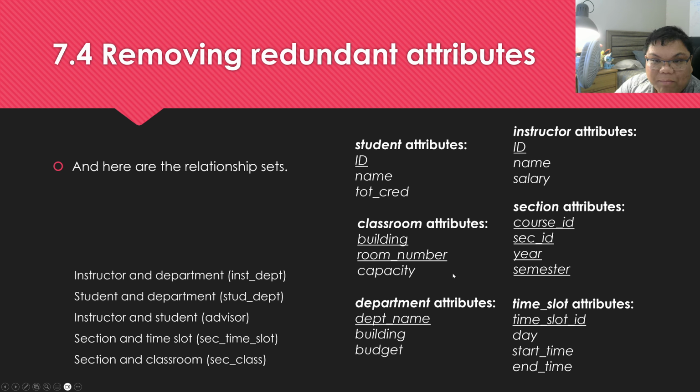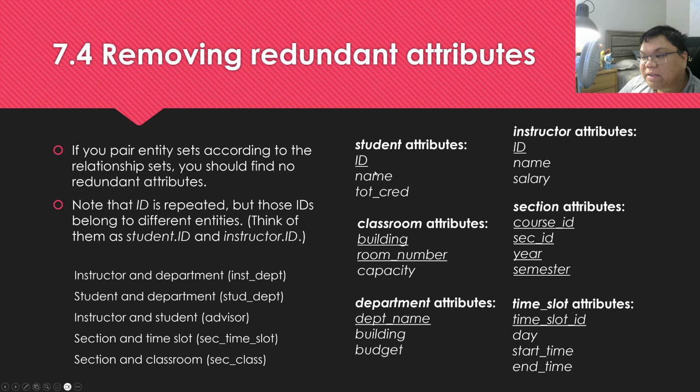This is just a sample of all of the needed entity and relationship sets for our university. But if you pair entities according to these relationship sets, you should find no redundant attributes.